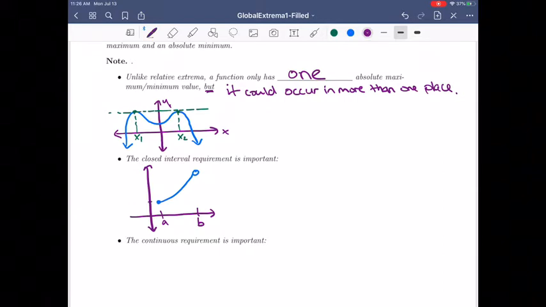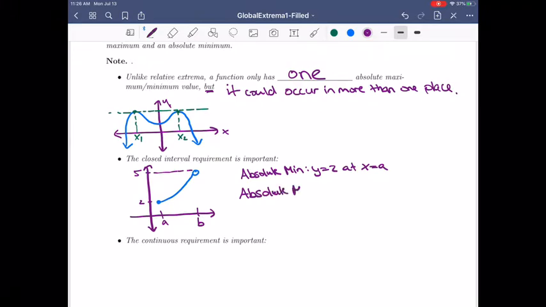Maybe this is at 2 and this is at 5. Here we would have an absolute or global minimum of y equals 2 at x equals a, so at the endpoint, but we would not have an absolute maximum.